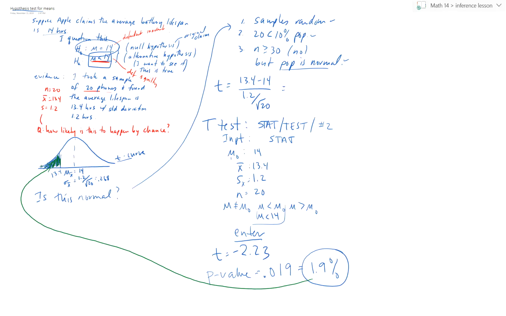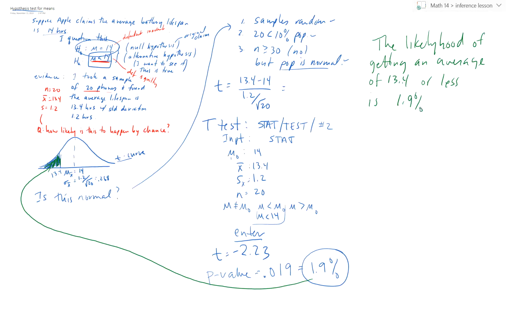So what does that mean in words? In words, that means the likelihood of getting an average of 13.4 or less is 1.9%.